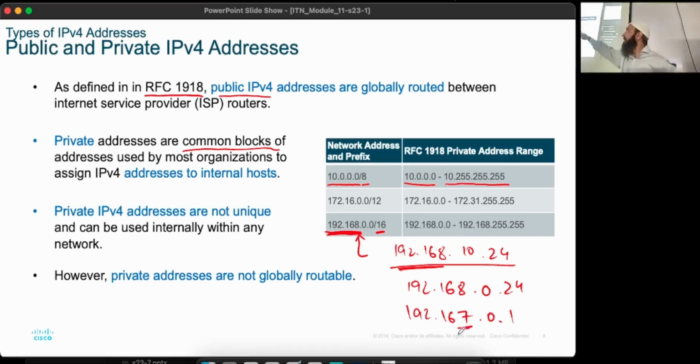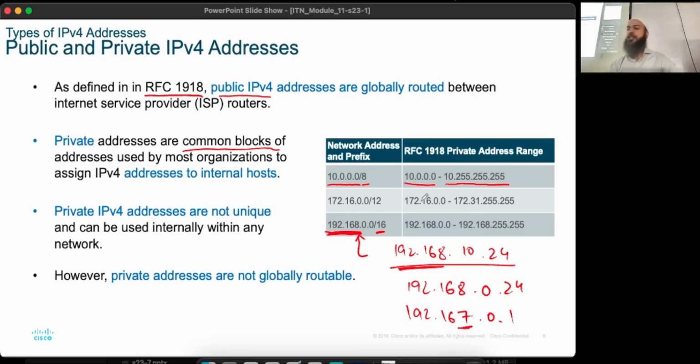So anything within this range, I probably should have made it more different, but in IP addresses, it's very important that you look at them carefully, because if you just look at 192.168 and assume, it's going to cause problems, right? And you will be spending like 3 days trying to figure out why your traffic is not going from this PC to that PC. And after 3 days, you will figure out that you had written 7 instead of 8. So it's not a technical problem. It's like a typing mistake, but it leads to problems. So you have to be careful with this.